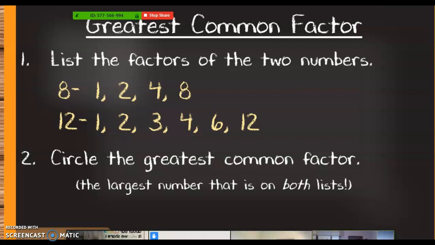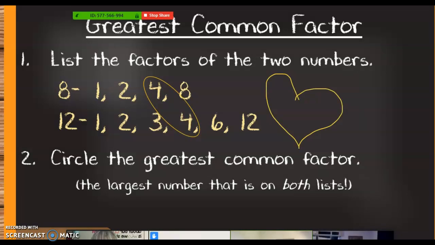Yes, we are simplifying the fractions. Let's please go back to mute so everybody can listen. So now we've got the factors of 8 and 12. Now we need to circle the greatest common factor, so the largest number that is on both of these lists. So what would that be in this case? Well, I see that 4 is the greatest common factor.